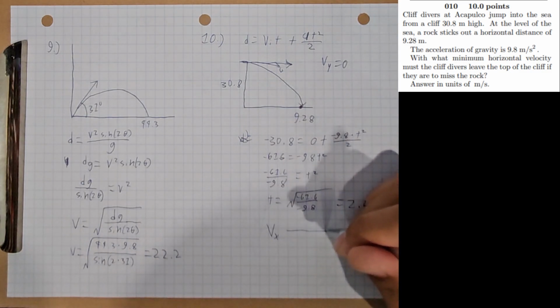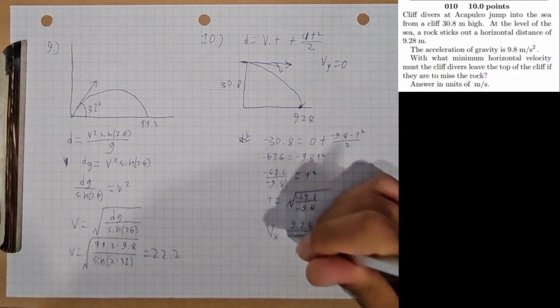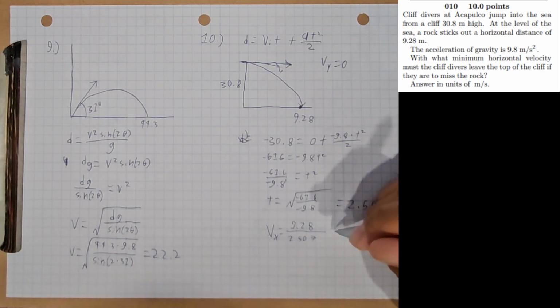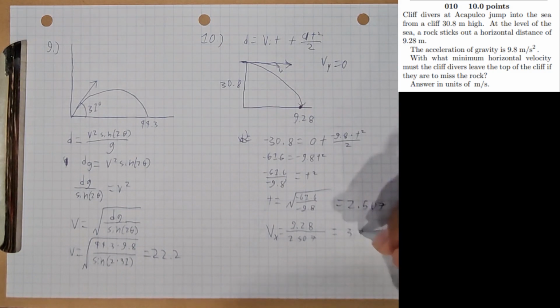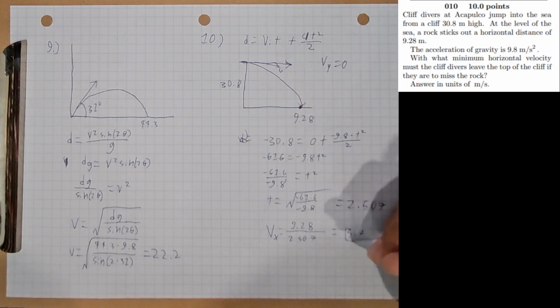So the distance it has to travel is 9.28 over 2.507, which is equal to 3.7, which is going to be the x component of the velocity, which is the answer here.